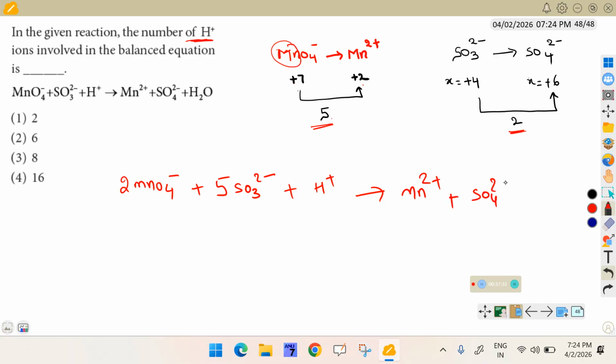SO4 2- plus H2O. So 5 sulfurs give 5 moles of SO4 2-, 2 manganese give 2 moles of Mn2+. How many oxygens? 8 plus 15, 23. Already here 20 oxygens are there, so 3 moles of H2O, 6 hydrogens, 6 moles of H+. So the answer is 6.